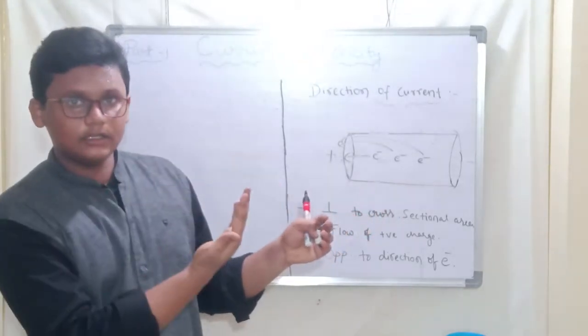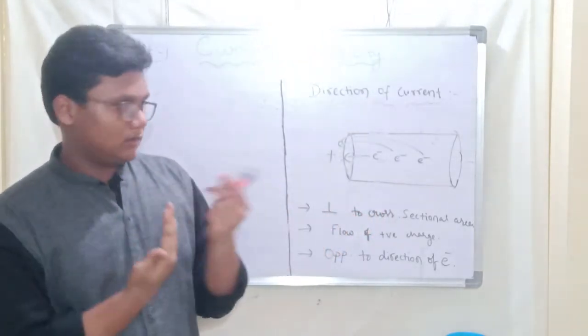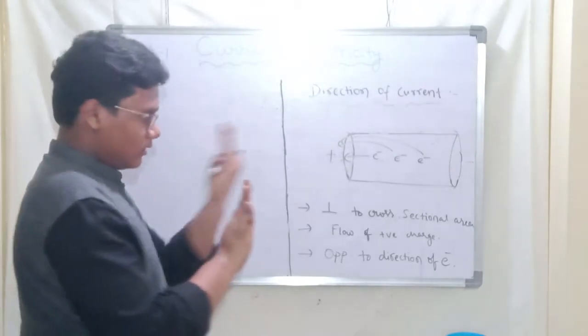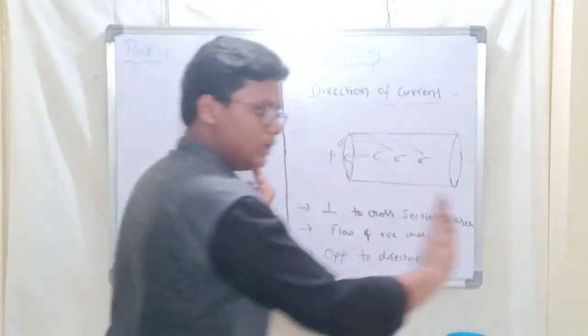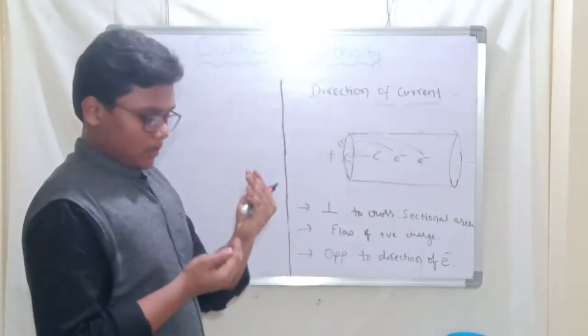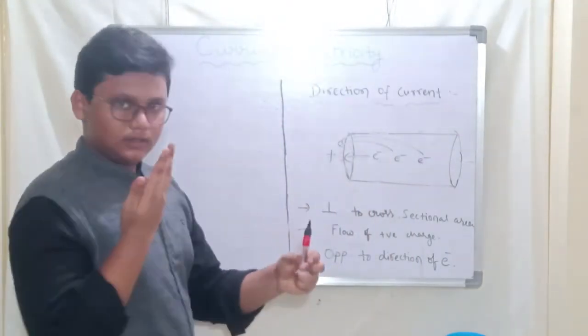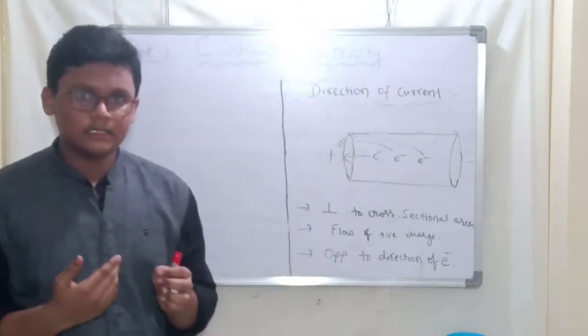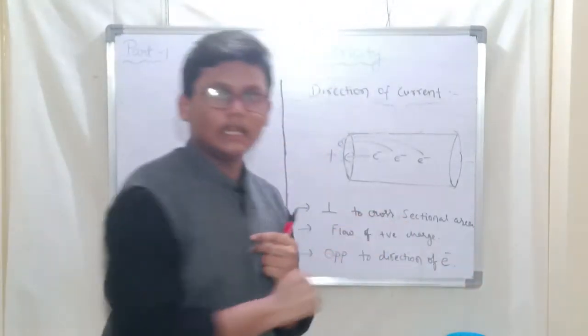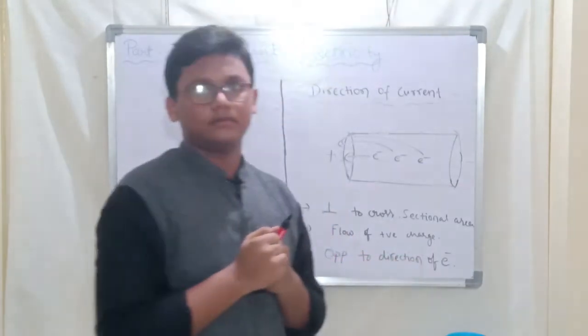When they are attracted in this direction, the shells get vacant, there is free space, and the electric current goes in the opposite direction.